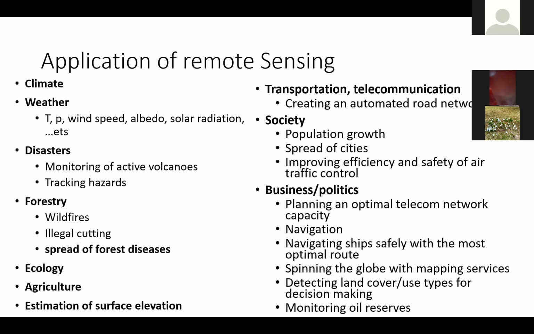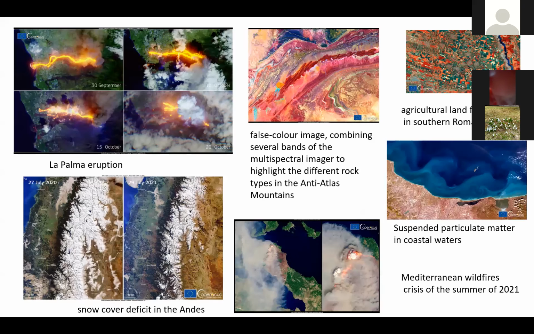Application of remote sensing is very wide, and maybe I will not list all of those, but in the next slides I will show the applications which are developed at the Finnish Meteorological Institute. Not this slide, but here are just examples of applications. With satellites, we can follow volcanic eruptions, or we can see the change of the snow cover, or we can look at different rock types using the false color image, which is based on a combination of several bands.